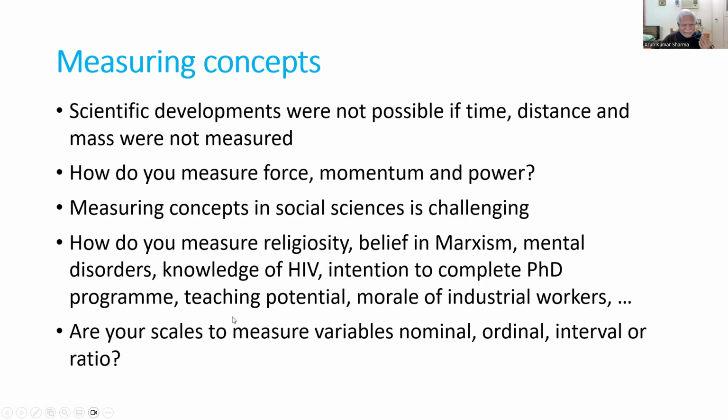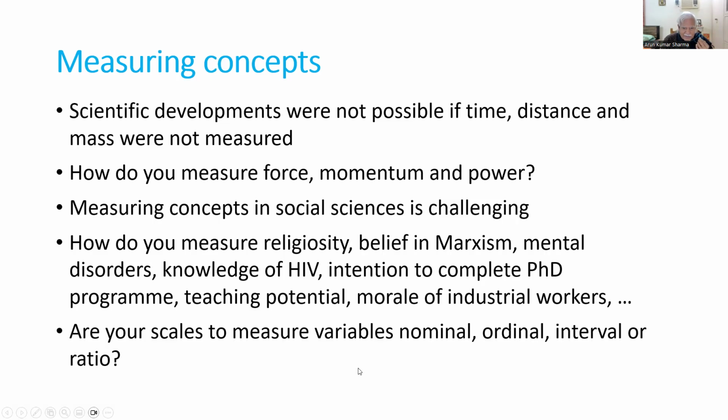All measures are tentative. Teaching potential at the time of appointment of faculty, or morale of industrial workers. Although there are so many measurements available to measure morale of industrial workers, none of them is perfect. So ask yourself, are your scales to measure variables, nominal, ordinal, interval, ratio scales, perfect or can they be improved?